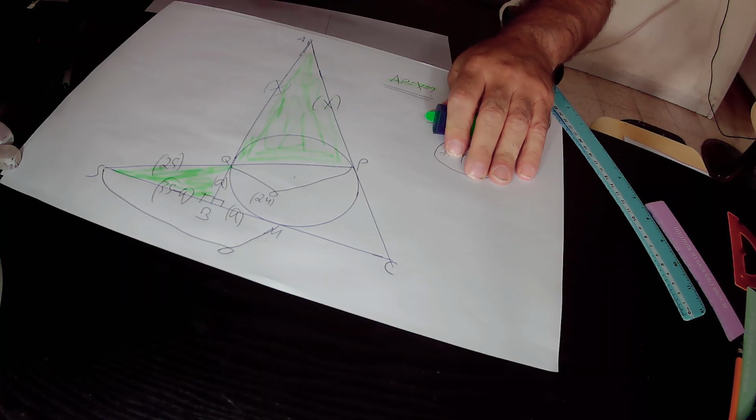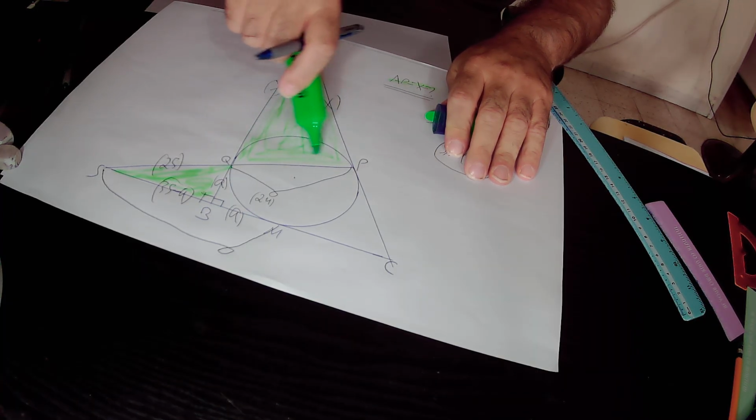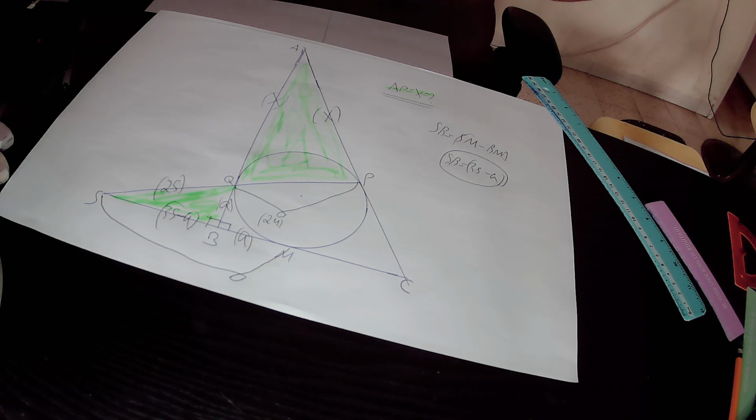QP is of course the base of this isosceles green triangle AQP. So we do a construction here. That is to say, from the vertex A, we go perpendicular to the base QP of this isosceles green triangle AQP.